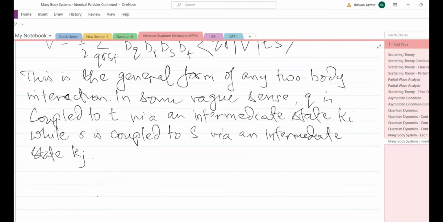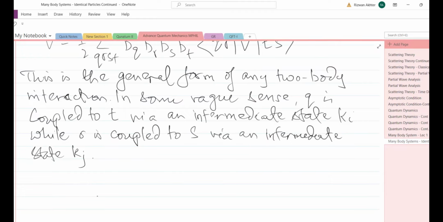But if you look, between what is the interaction basically happening? The interaction is happening with the help of these operators, the annihilation and creation operators, and which involves the destruction of particle in state S and T, followed by creation of new particles in state Q and R. And because particles are indistinguishable, we can't say anything about their identities.